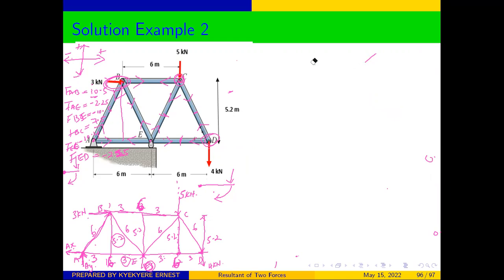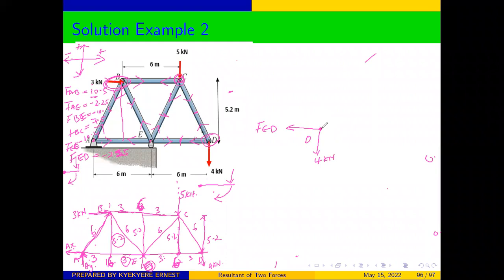Good. Now from there, joint D, we have been able to analyze all the joints. Joint D, we have one force coming this way, and it is called FED. And we have also another force coming down, which is 4 kilonewtons.